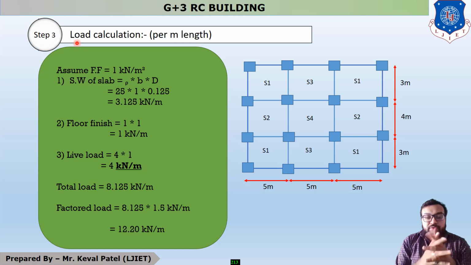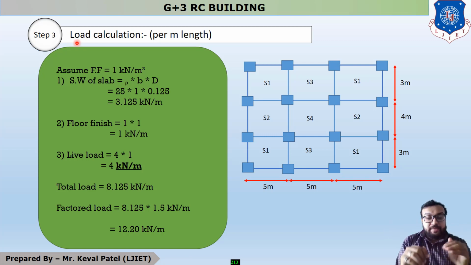So you all know that in any slab there are two types of major load. First one is dead load and second one is live load. And in dead load there are two loads. First one is self weight of slab and second one is floor finish. And you all know it is already discussed that we have to design all the components for UDL only, uniformly distributed load only.